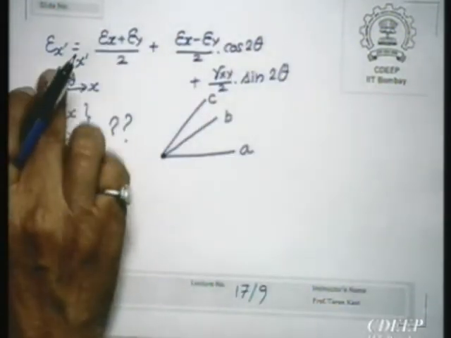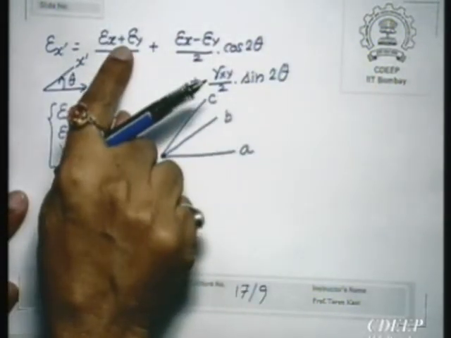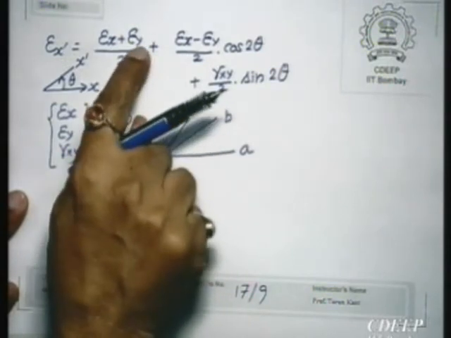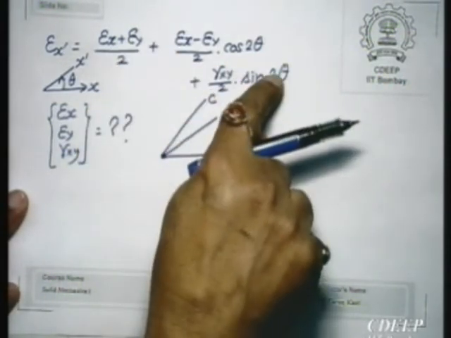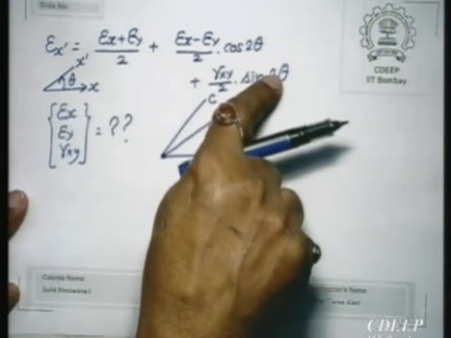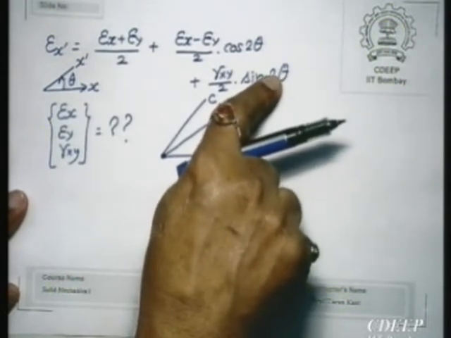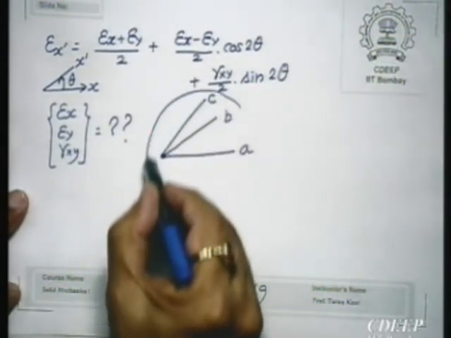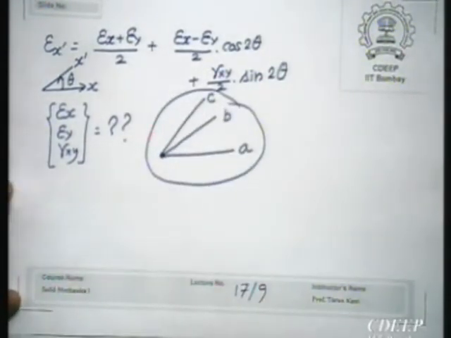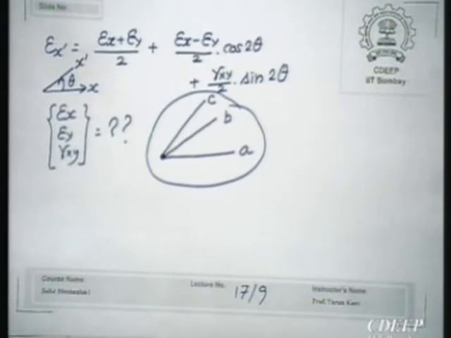The left-hand side will be known, and from that you can find epsilon x, epsilon y and gamma xy, because theta will be known. We fix the strain gauges, so theta has to be known. So minimum you need 3 linear strain gauges to measure strain at any point, not less than 3.